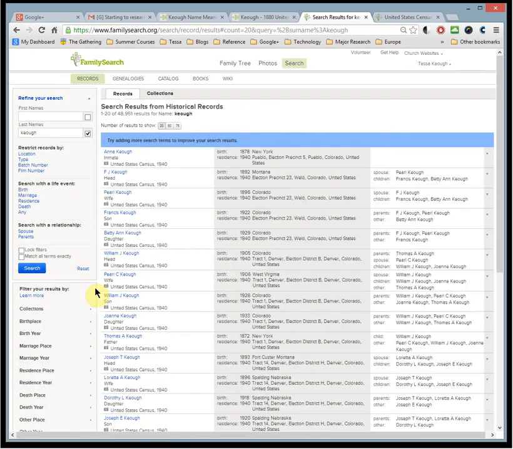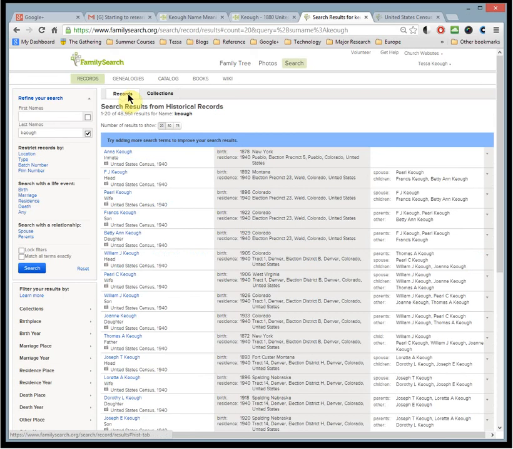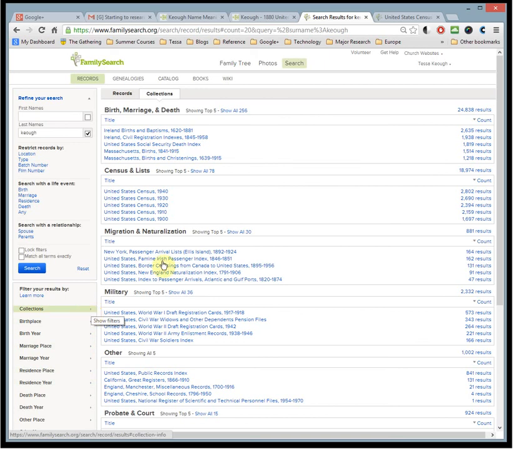And then I can come down to collections and click on this box here, and it tells me the collections. I can also go directly to the records. But for someone like me, I like to take a look and see what those records are and then work with something very specific. That's just how I approach it.